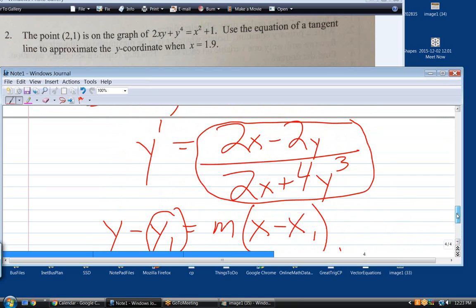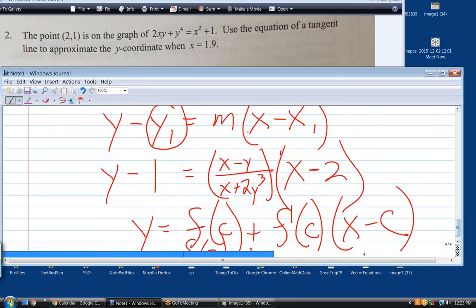It probably is what I want to do. In other words, if I substitute 2 and 1, what do I have? 2 minus 1 all over 2 plus 2.